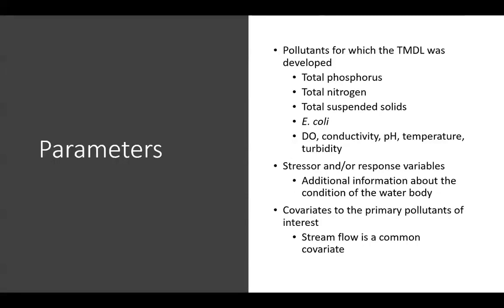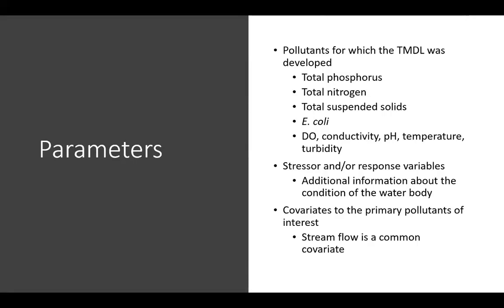So in terms of parameters, it really depends on what you're attempting to measure. So for instance, common pollutants are total phosphorus and total nitrogen. If nitrate is impacted, then maybe we want to break that down from total nitrogen. We'll also look at ammonia, nitrate, and nitrite.